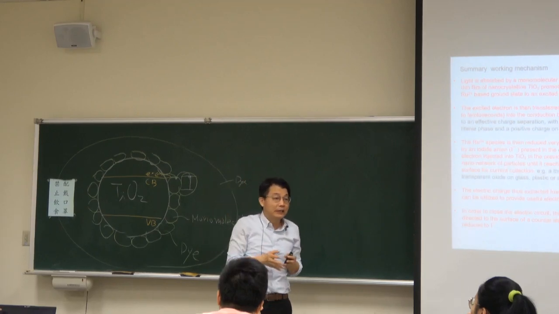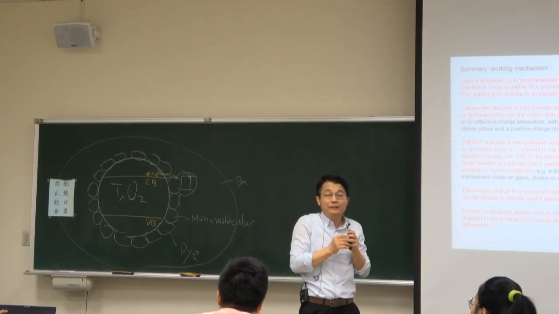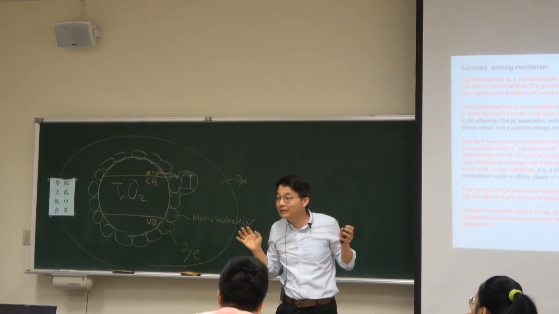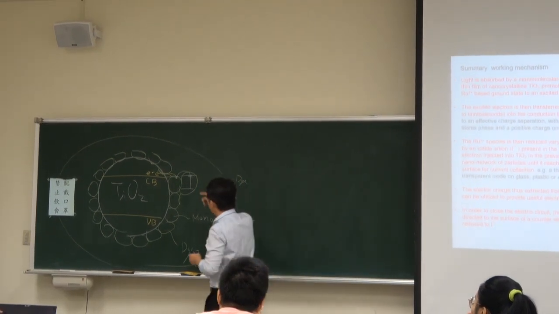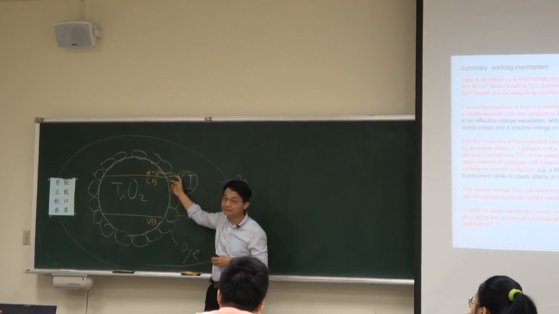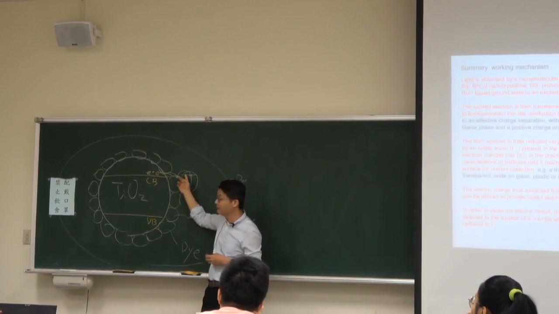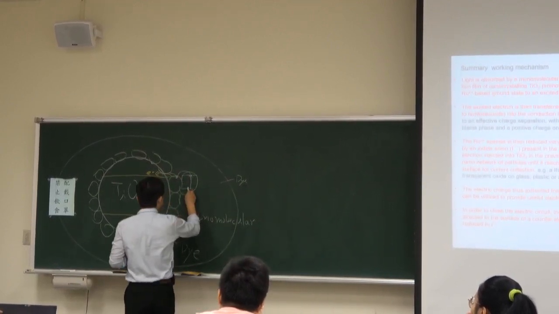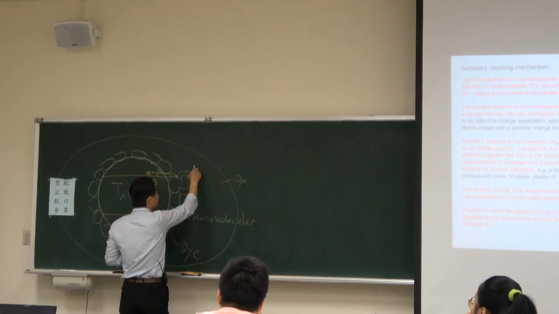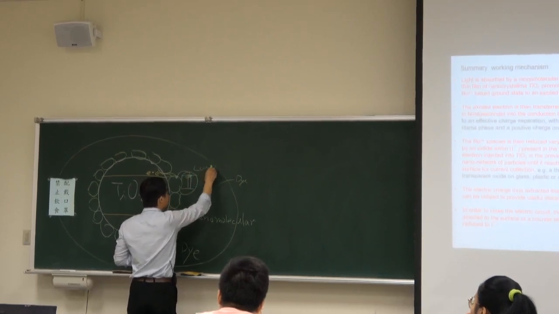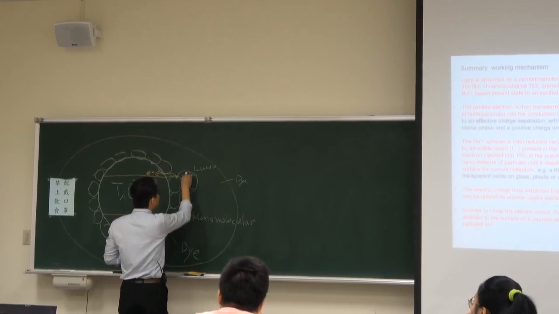So the functionality of the dye, we cannot design for high conductivity. Do you understand? Therefore, the electron will be blocked here. Okay? Here, the first step, the electron promoting to the LUMO band, is no problem. But the problem is the transfer.